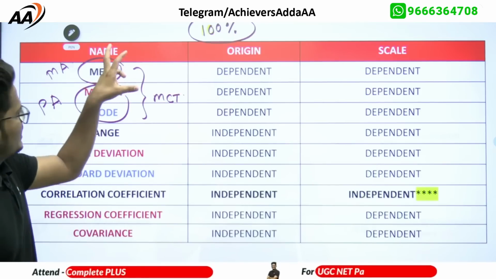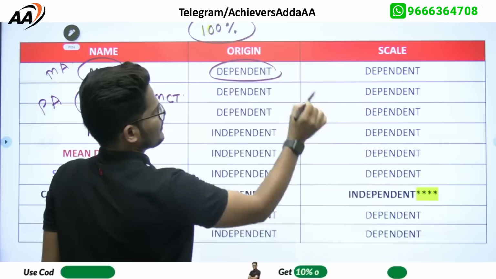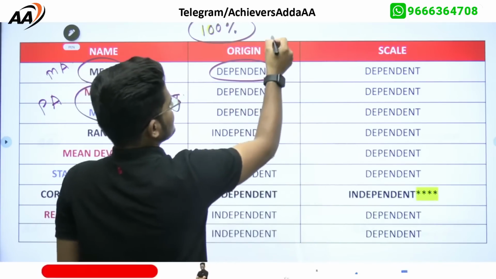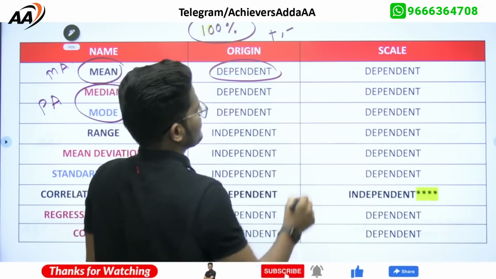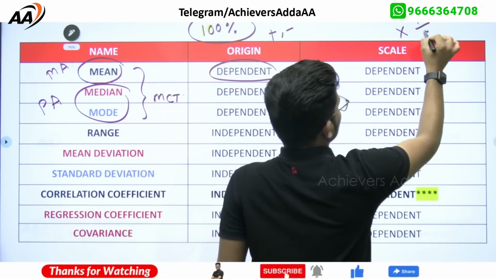Now look at mean, median, mode: they are dependent on origin and dependent on scale. Origin means what? Addition and subtraction, plus and minus. Scale means multiplication and division.